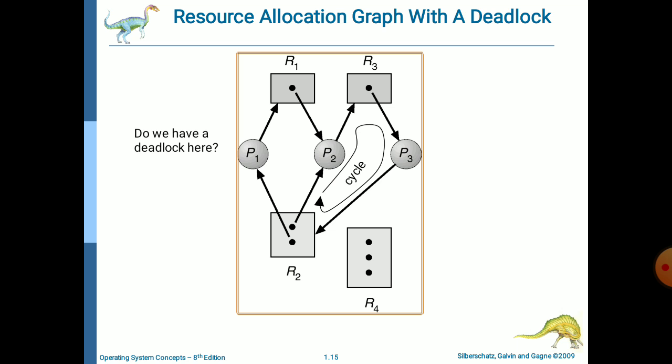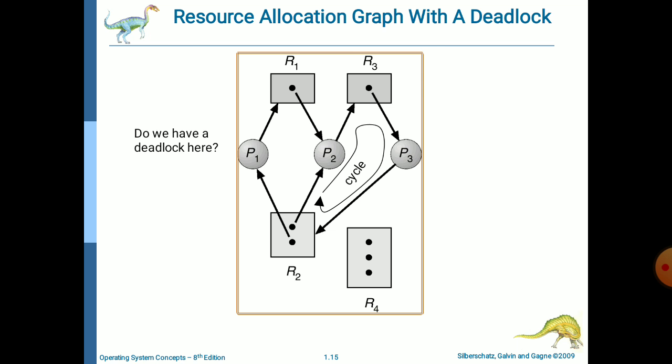So now there is no chance of execution of any process. So this forms the deadlock. If there occurs any cycle, as represented here, any cycle in a graph, then that can lead to a deadlock.